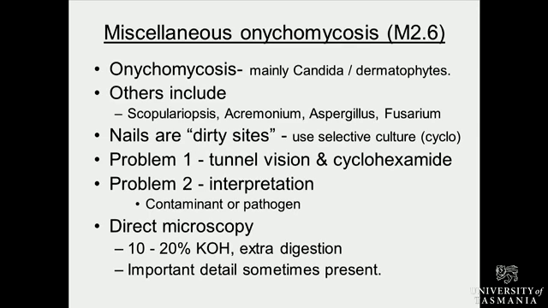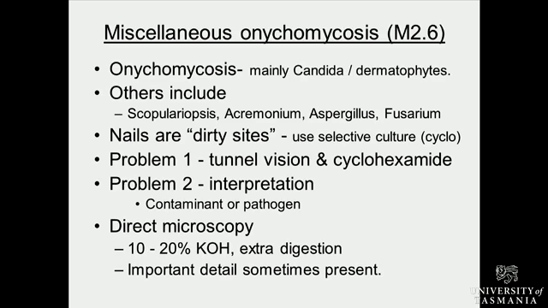One problem is, all these fungi in this other group will not grow in the presence of cycloheximide. So you must have a plate that's selective so you can grow your dermatophytes and not have them overgrown by contamination, but you must have a plate that's non-selective to grow the ones that are not dermatophytes. So if you only have your plate being selective, you'll miss all of these. I call that tunnel vision, and cycloheximide getting rid of those other ones.